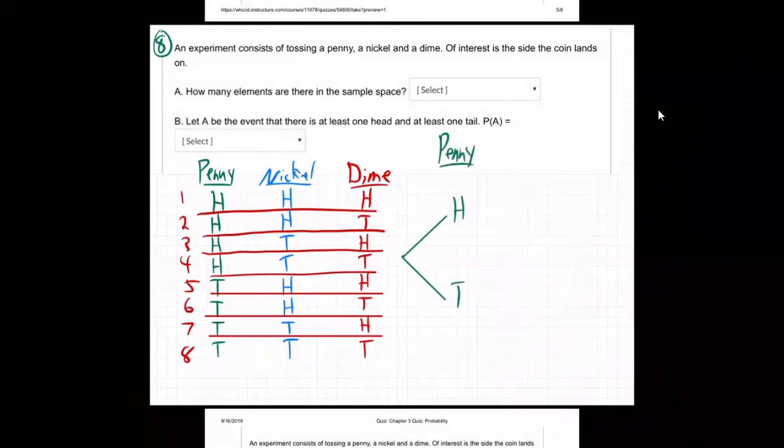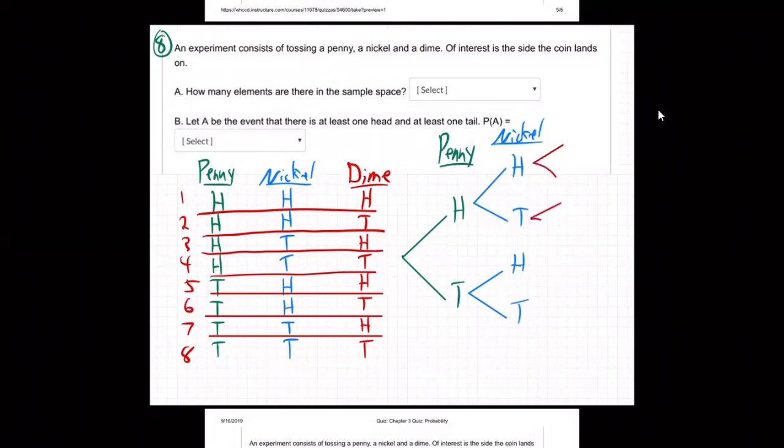I'm going to do the same thing another way. The penny's heads or tails. And then you do the nickel next. And the nickel, after getting heads on the penny, you could get heads or tails on the nickel. This is the nickel. And then after the nickel, you could get heads or tails on the third one, the dime.